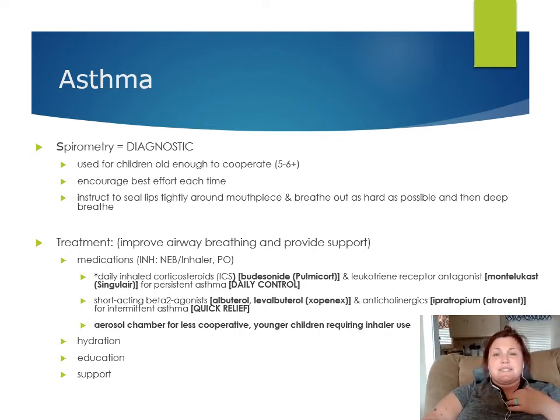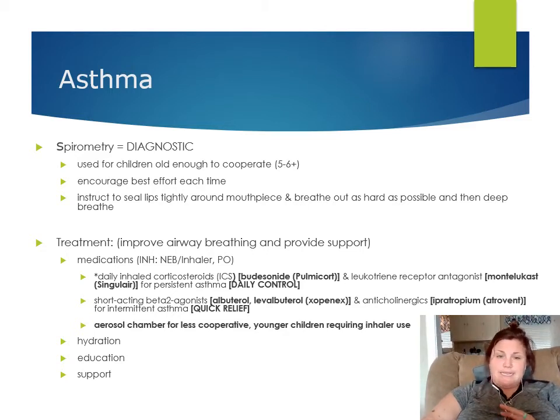There should be less than 2 or no more than 1 acute episode that requires oral corticosteroids in a year's time. That's how you know asthma is being managed or controlled properly. The treatment for asthma generally involves improving their airway, breathing, and providing support.